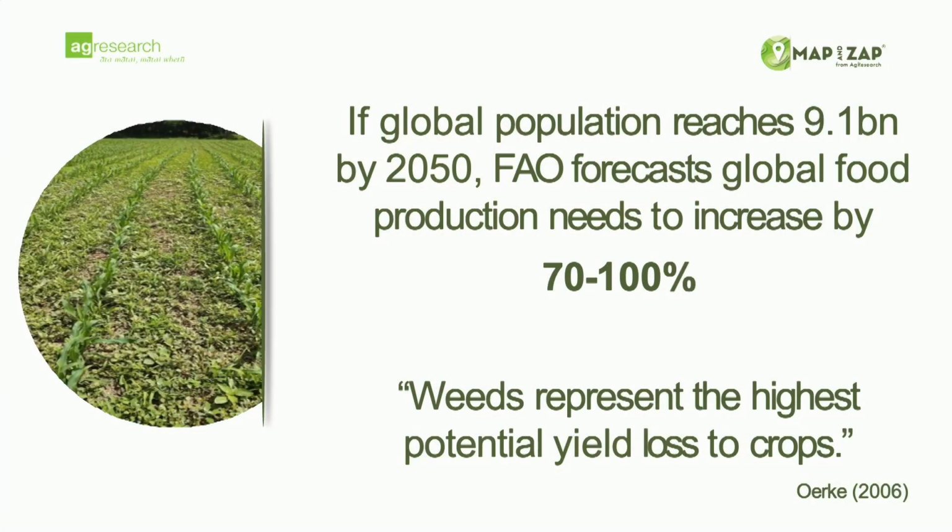There's also a need to produce more with less in terms of feeding a growing global population. We need to be able to increase production quite drastically in order to do that, and weeds represent one of the highest potential yield reductions or losses to crops. So definitely a problem that we want to solve.